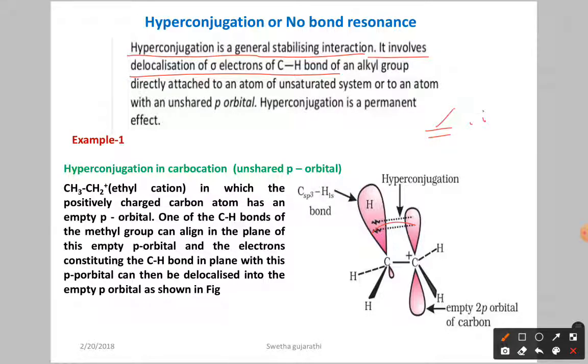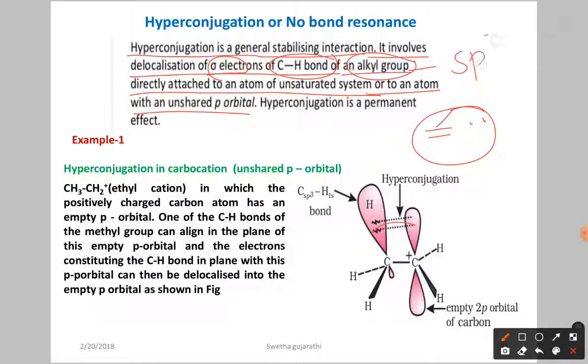But now you are going to shift the sigma electrons of a CH bond of an alkyl group directly attached to an atom of an unsaturated system or to an atom with an unshared p orbital. An alkyl group has sp3 hybridization. Unsaturated system means, for example, CH2 with a double bond.